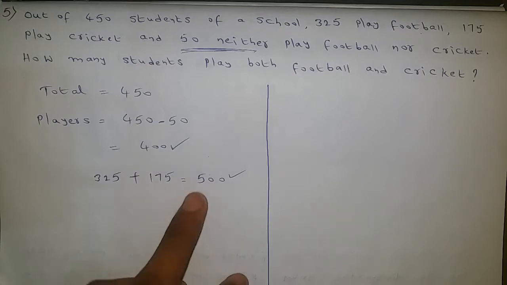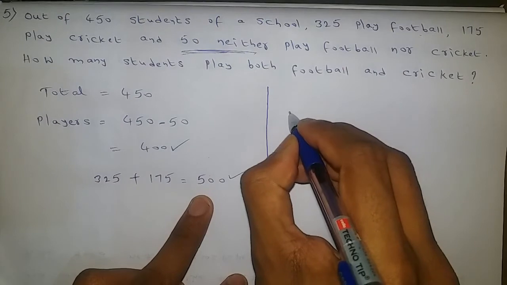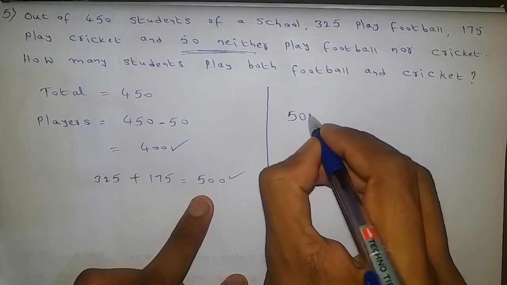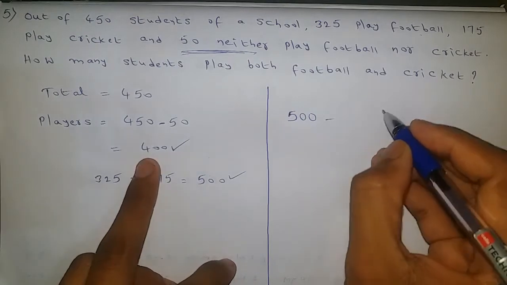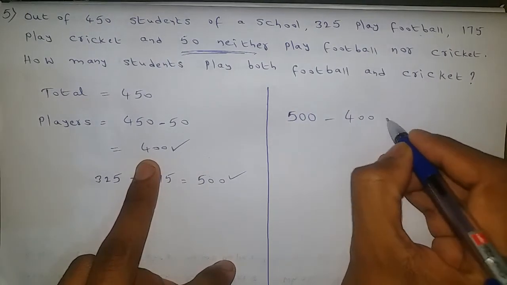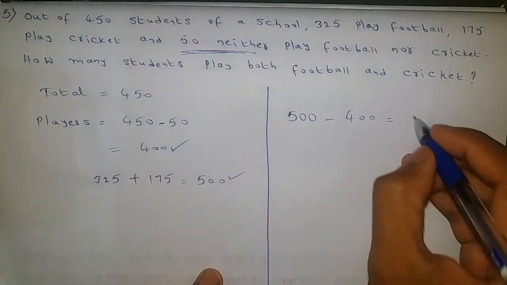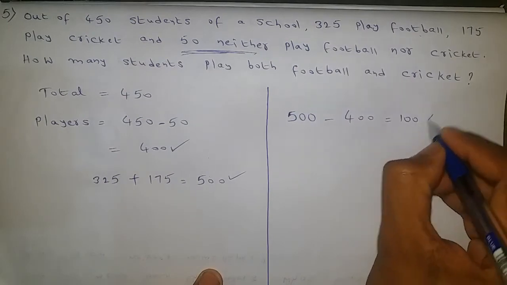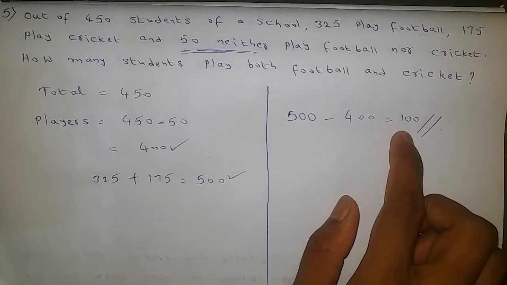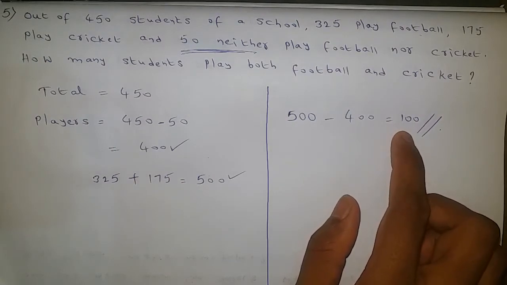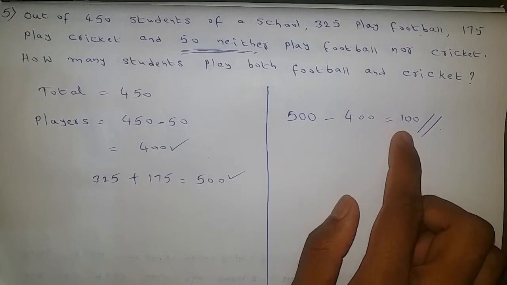The students playing either one game or both, that is 500, minus the total number of students, 400, is 100. It means 100 students are playing both football as well as cricket.